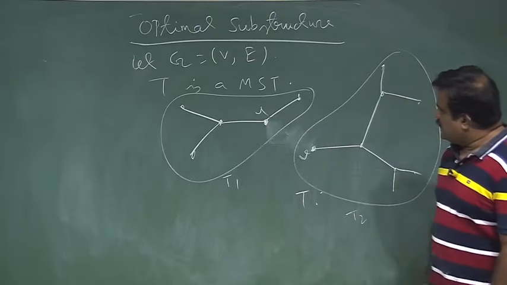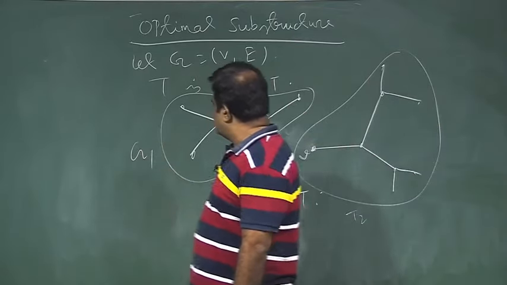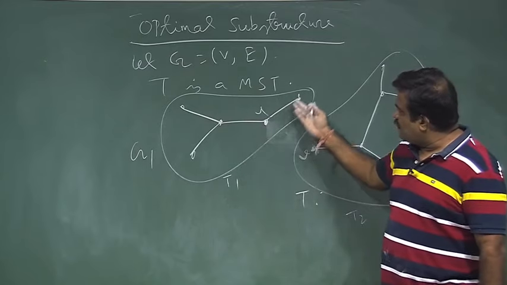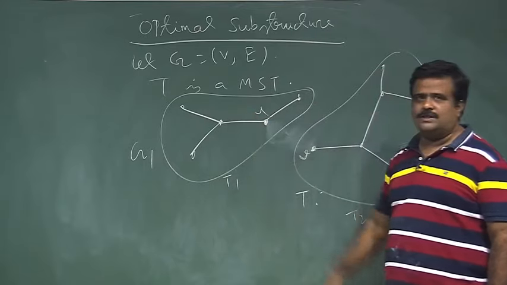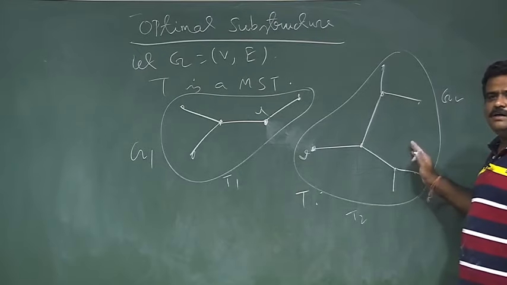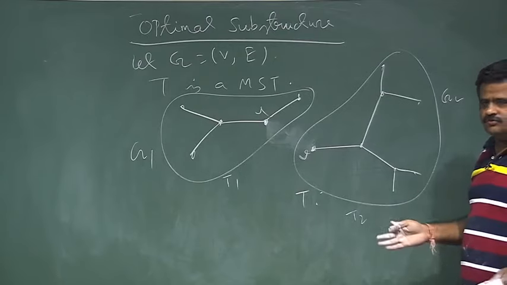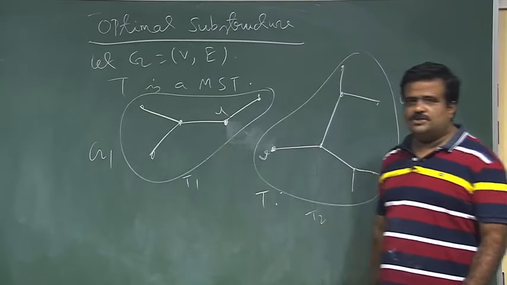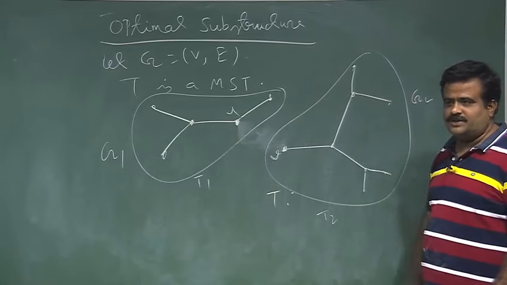Now we claim that T1 is the minimum spanning tree of G1, where G1 is the graph induced by T1. That means G1 contains all the edges connecting the vertices from T1, and G2 contains all the edges connecting the vertices of T2. So basically G is G1 union G2. We have to prove that T1 is the minimum spanning tree of G1 and T2 is the minimum spanning tree of G2. That will be sufficient to show that optimal substructure is there.